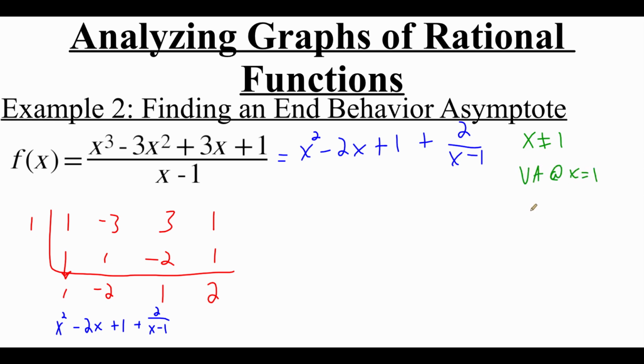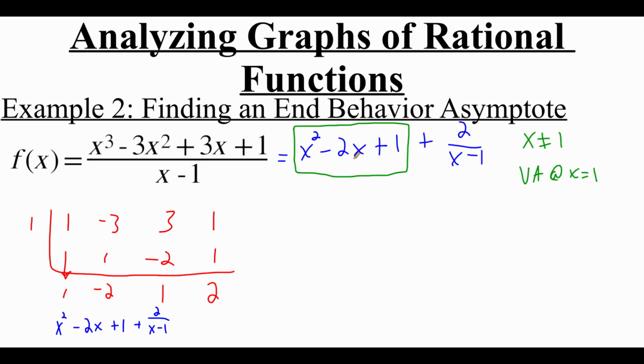But if we're looking at our end behavior asymptote, what we're going to look at in here is actually this quadratic that we got in the front with this x squared minus 2x plus 1. If your numerator polynomial has a higher degree than your denominator polynomial and you do some division, then the quotient that you get when you do your division is actually going to dictate your end behavior asymptotes.